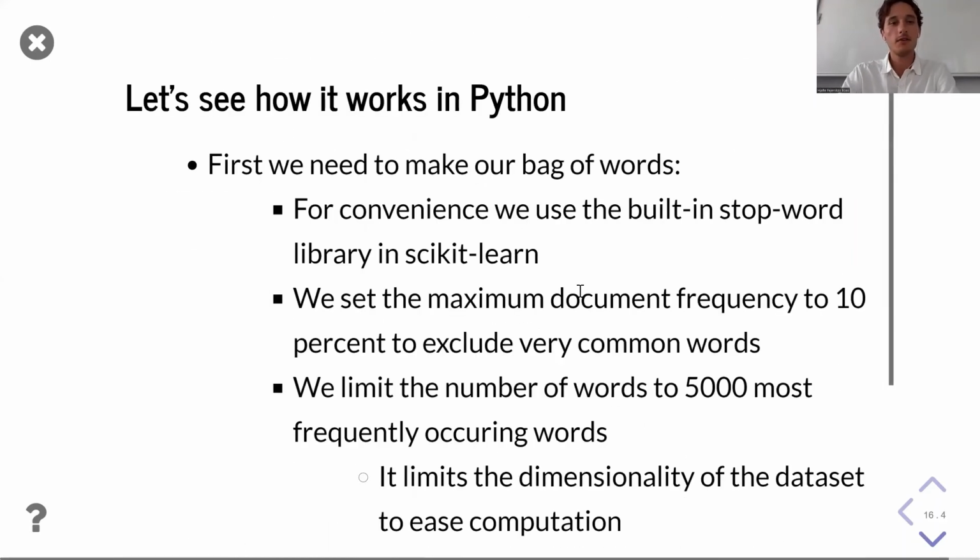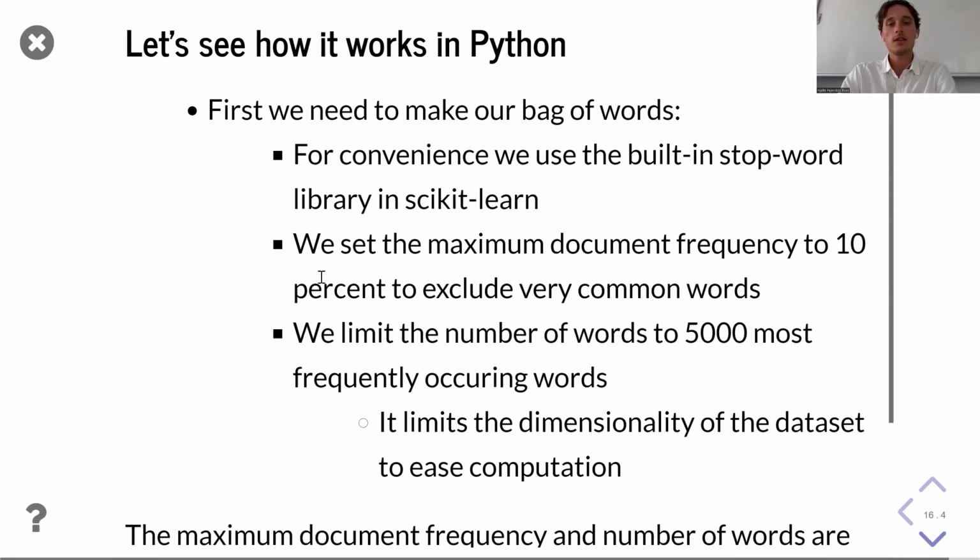How does it work in Python? First, we need to make our bag of words. So here we do it in a little different way than you have seen before. First, for convenience, we use the built-in stop word library in scikit-learn to remove all the stop words. And then we set the maximum document frequency to 10%.